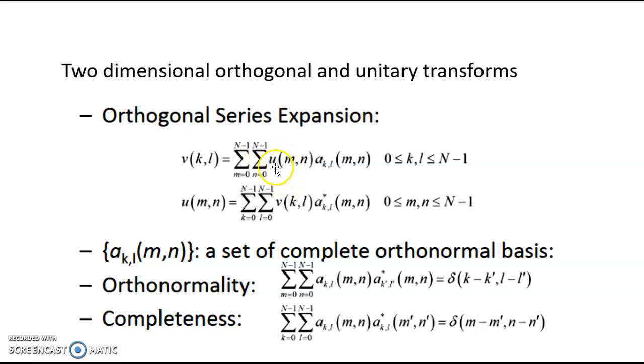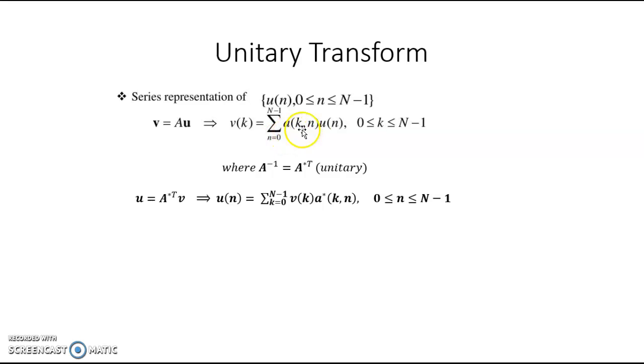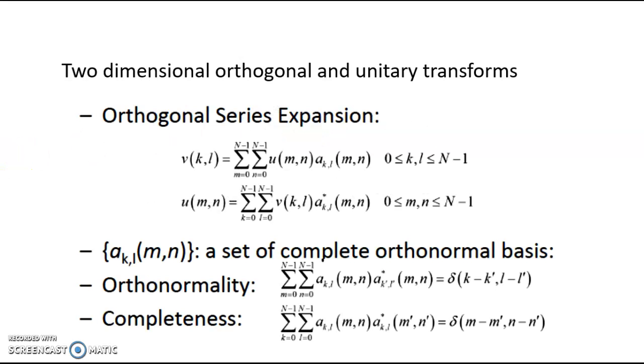Instead of the sequence u(n), I have a two-dimensional image u(m,n). Instead of a_k(n), for the kl-th coefficient I have a_{k,l}(m,n), where again k and l vary from 0 to N minus 1.